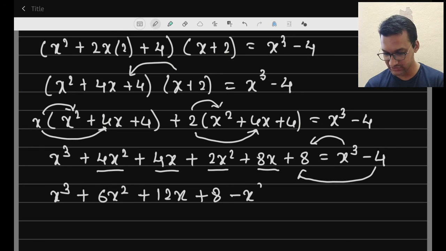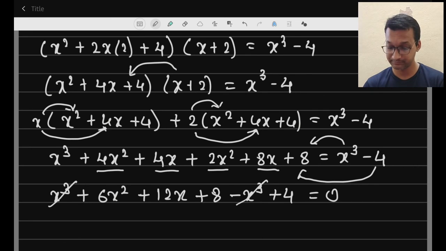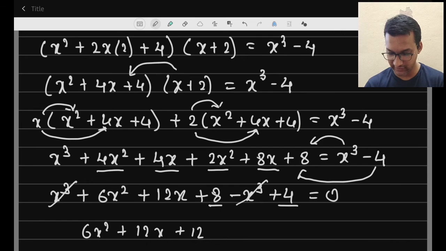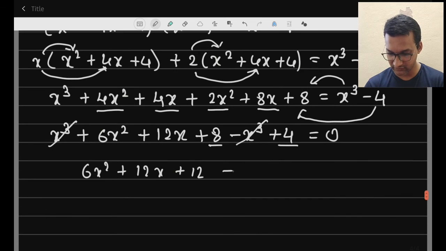Minus x cube plus 4 is equal to 0. Now minus x cube and plus x cube will cancel and we will get 6x square plus 12x, 8 plus 4 we will get 12, is equal to 0.